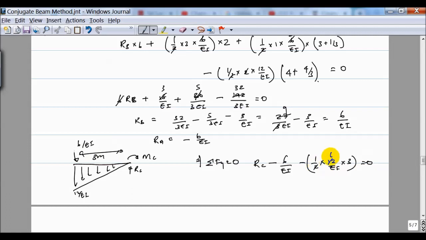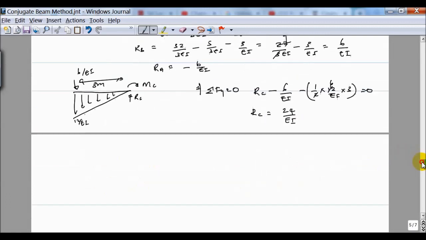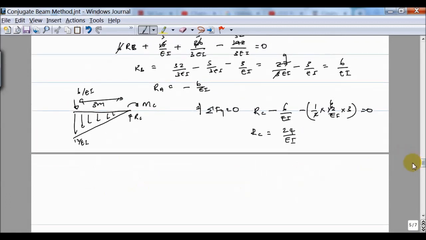So that is 6. So 18. So RC is 24 over EI. Okay, RC is 24 over EI. So if I know RC, that is equal to shear force.